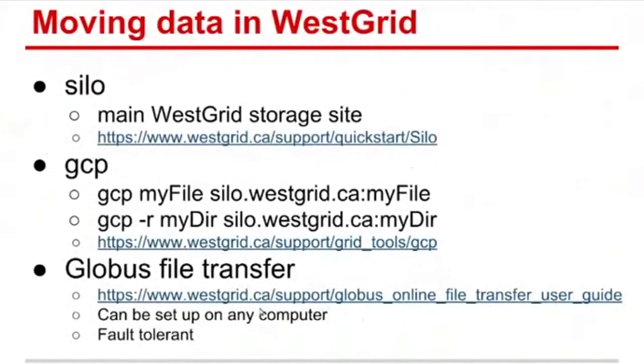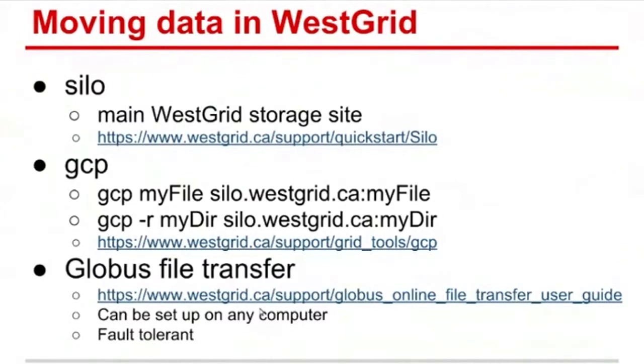Related to this topic of quota, you may find that you are reaching a quota on one of the systems that you're working on, and so you want to move some of that data off that site onto storage. The main storage site is called Silo, and that's where most of the data is stored.